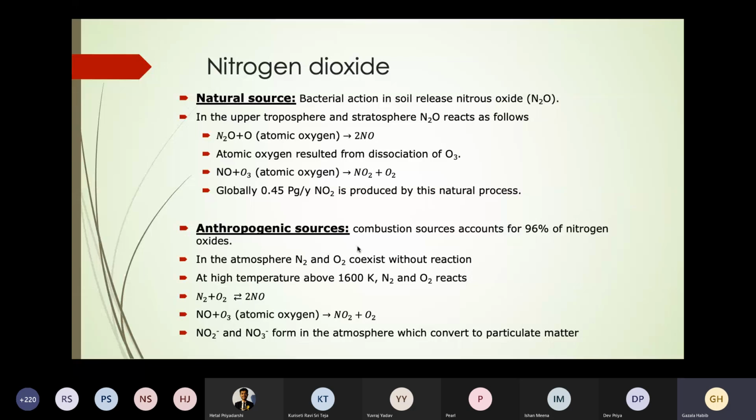Generally NO2 minus and NO3 minus are the ions which are precursors of aerosol or particulate matter during aqueous phase reaction or photochemical reaction. They form particles: ammonium nitrate, and ammonium sulfate forms from SO2, but ammonium nitrate is one form of particulate matter, the secondary particulate matter.